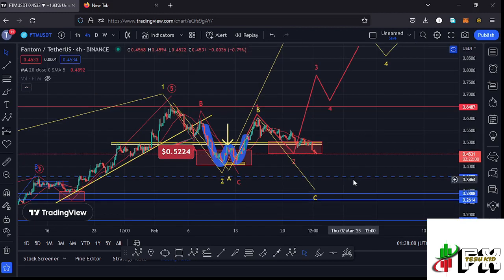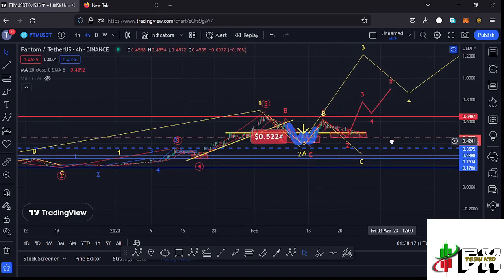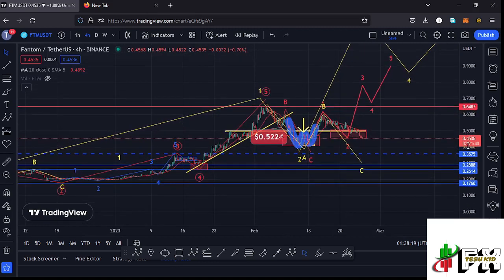And in case such a move plays out, we can term the new low as the low for that higher Elliott wave count 2. Then we can expect our bounce to the upside in the formation of this higher Elliott wave count 3, and also expect our 5 wave structure in formation within that higher Elliott wave count 3.